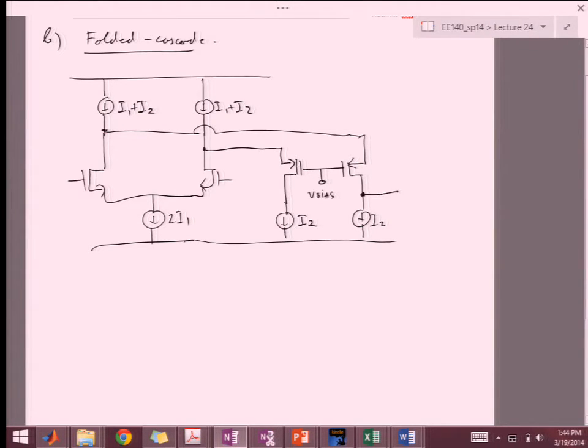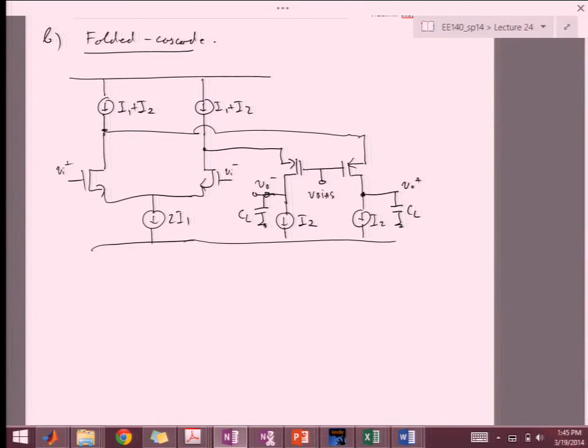And these are the outputs. Just like we did in the cascode, we're going to have some load that's both from the devices as well as whatever we're attaching to the amplifier.